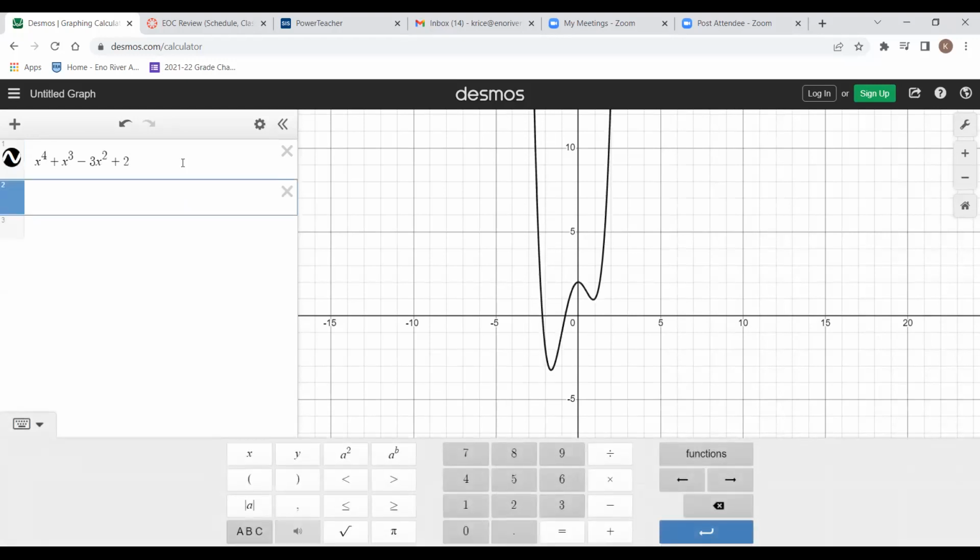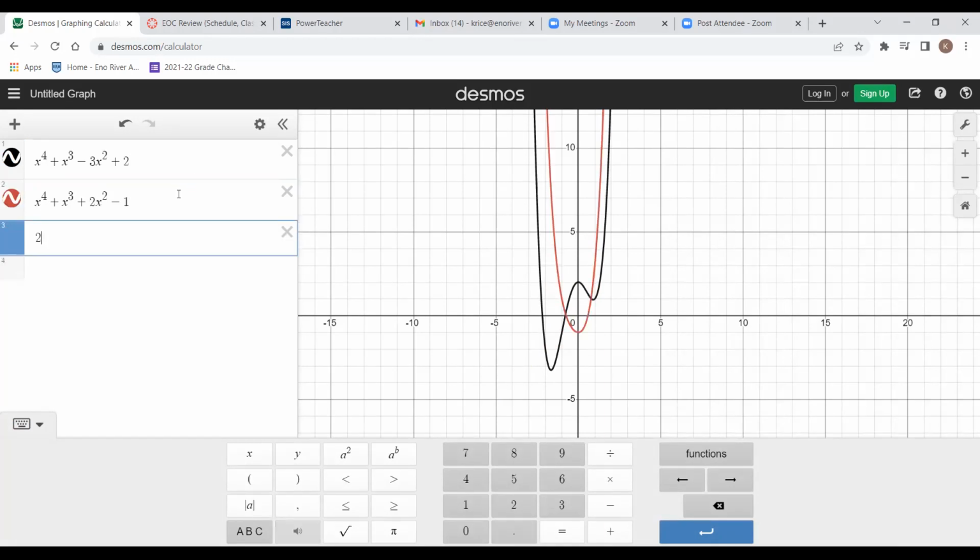Is it A? Did anyone get a lower one than that? And that's convenient whenever it's the first one. Yeah, it's not B. B is higher. C, 2x to the 4th minus x to the 3rd plus 2x minus 2.